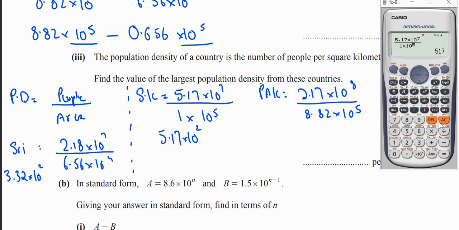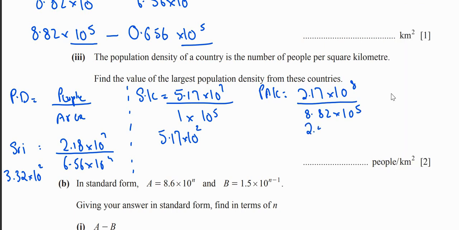And then for this one I'll write 2.17 multiplied by 10 raised to power 8 upon 8.82 multiplied by 10 raised to power 5. So it's 246. Let me see if I have made any mistake. No. So 246, so I will write 2.46.